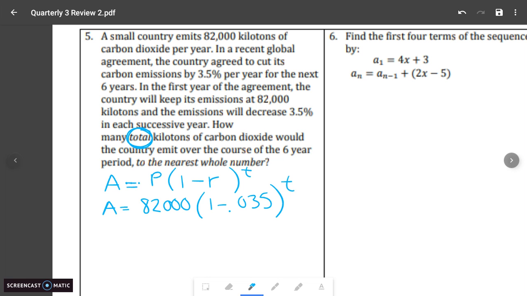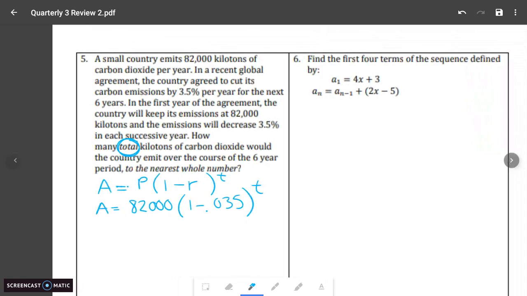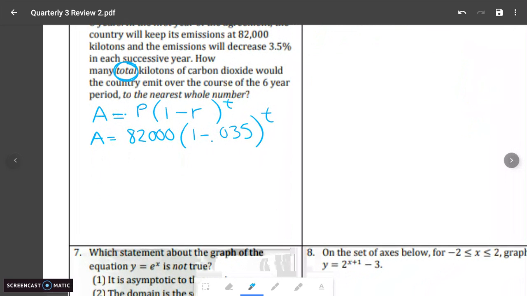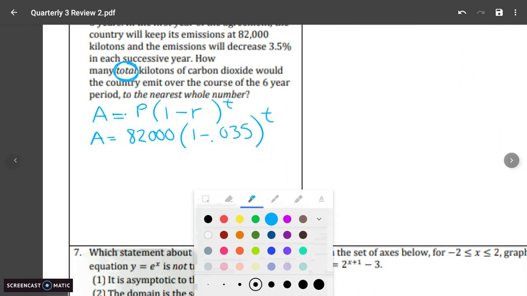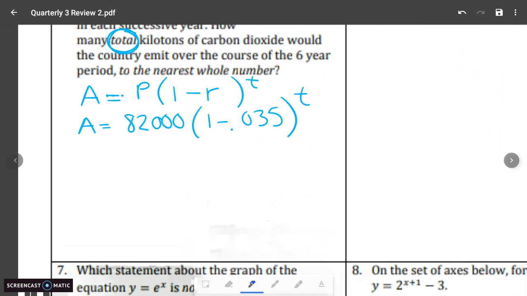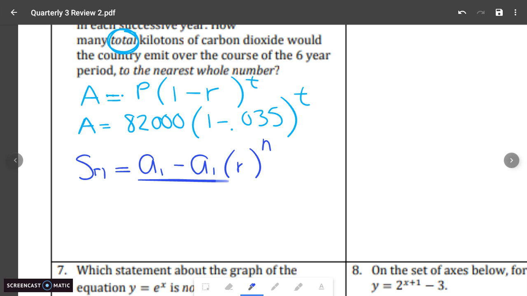We want the total. So this is going to involve our old sequences. But when we see total, we're looking at the formula S of n equals A1 minus A1 times R to the n all over 1 minus R.